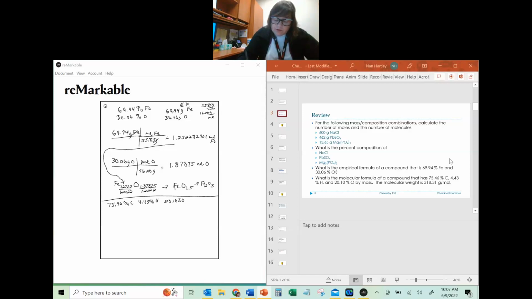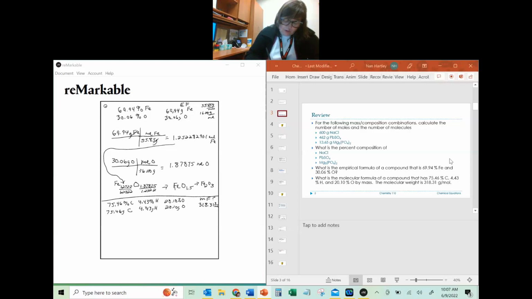And I'm looking for a molecular formula. Molecular weight, I am told, is 318.31 grams per mole. Okay. So again, I'm going to assume that this is 75.46 grams of carbon. This is 4.43 grams of hydrogen and 20.10 grams of oxygen.